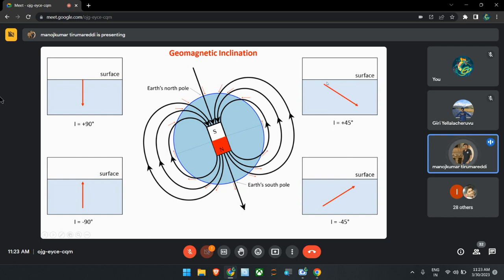So here we represent it as plus 45, and at the north pole the angle is 90 degrees, and the field vector is perpendicularly downwards. If you see here in the north pole and south pole, the field direction is completely different. So the field anomaly is also different in the southern hemisphere and northern hemisphere. So anomalies also will change.